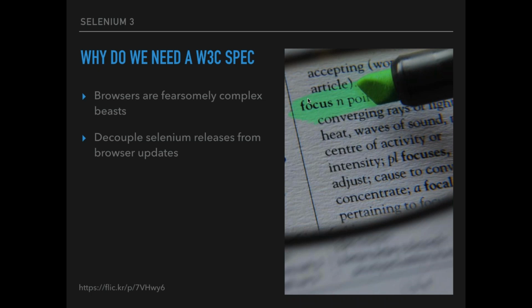The people who are best placed to properly control a web browser are the people that write the web browser. So the idea is that the browser vendors take responsibility for writing the WebDriver instances. The other nice thing this has is it decouples the open source Selenium project's releases from browser updates.